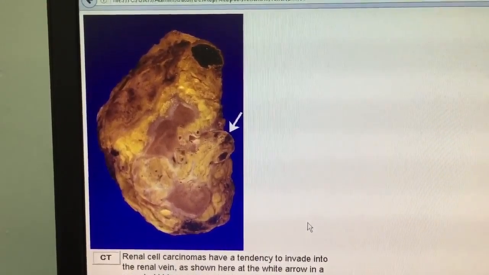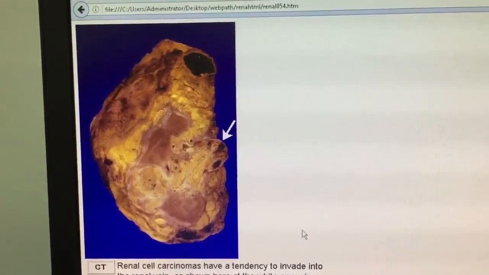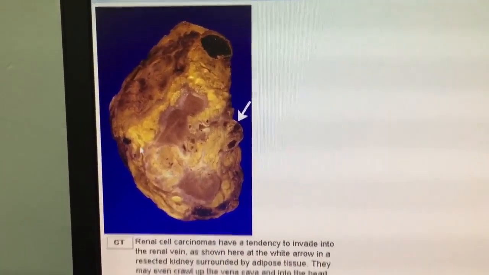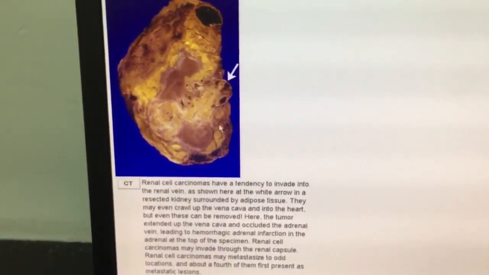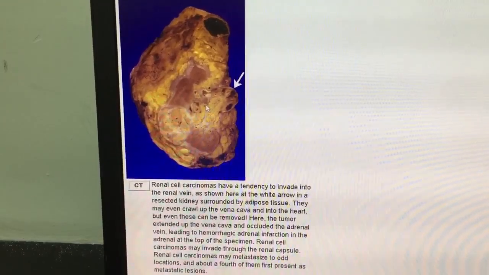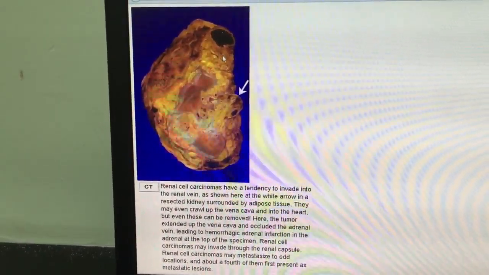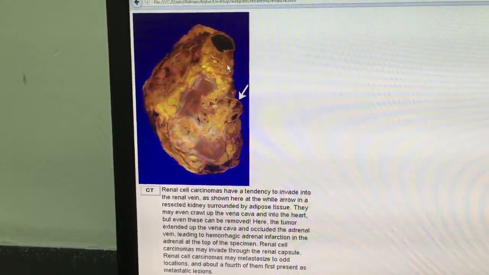The malignant cells may infiltrate through the perinephric fat, which is the fat surrounding the kidney, or into the renal vein. Also, it might infiltrate into the adjacent adrenal gland.